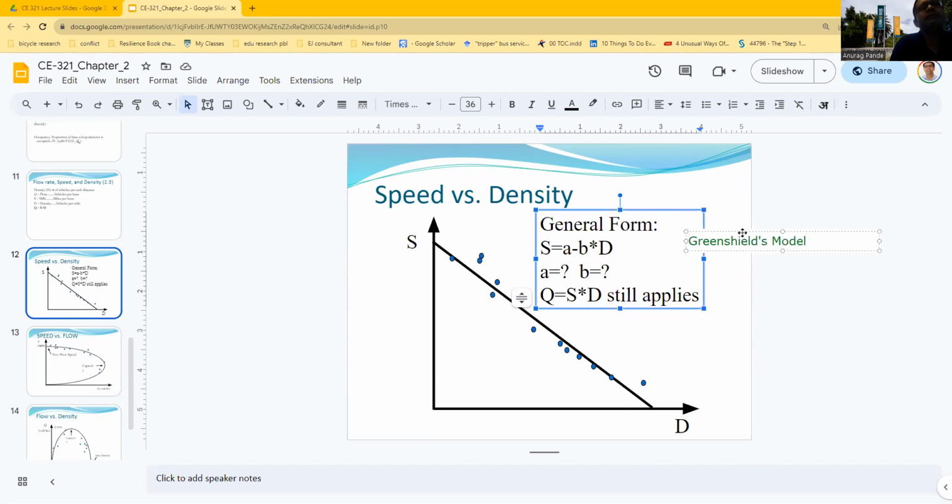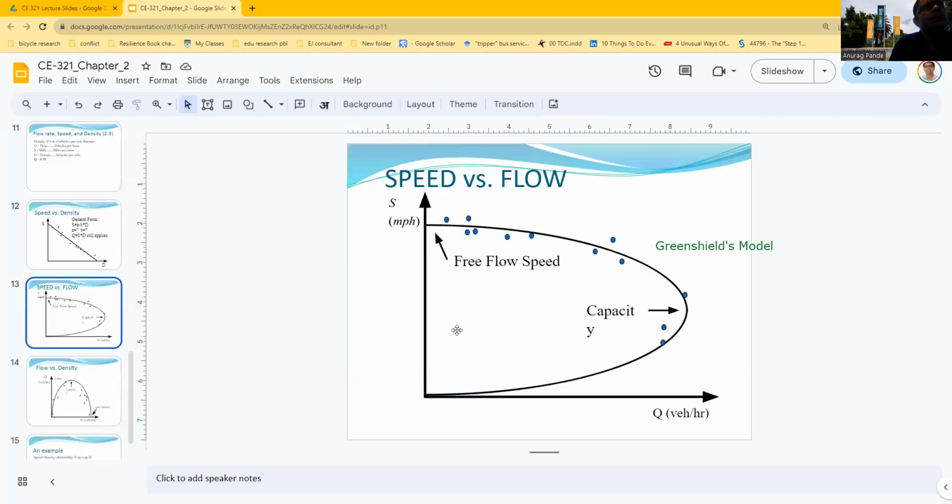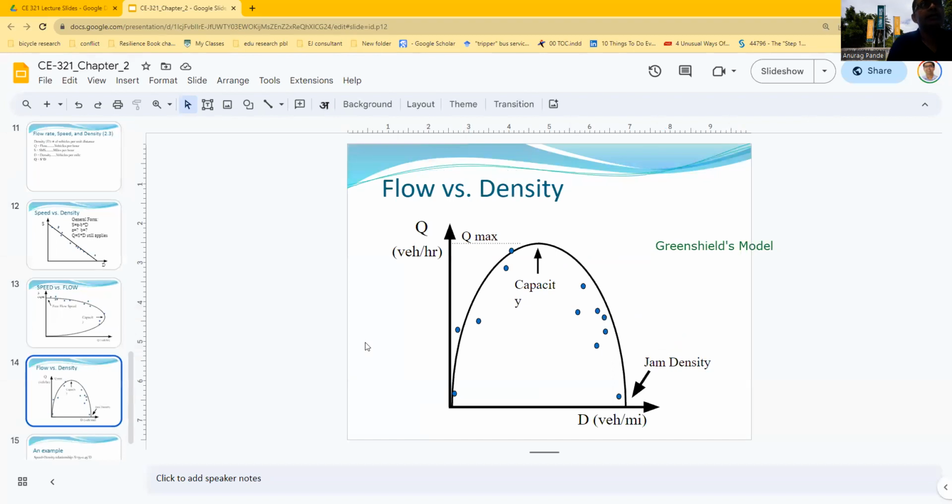And this Greenshields model can then be used to derive the speed flow relationship and flow density relationship, where whenever the flow becomes maximum, that's your capacity point.